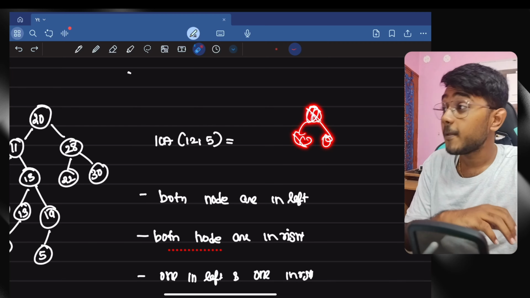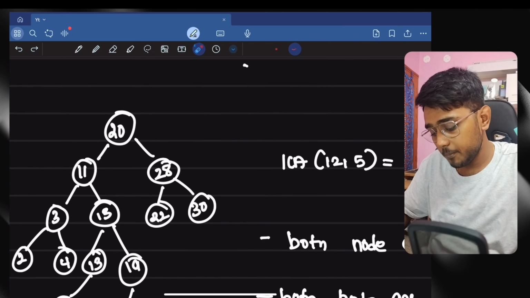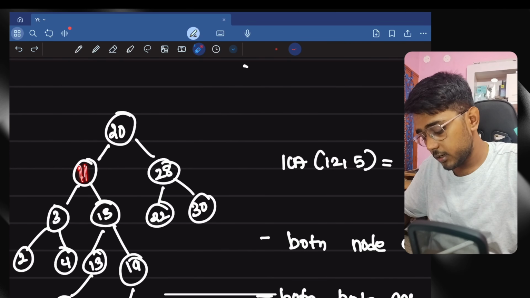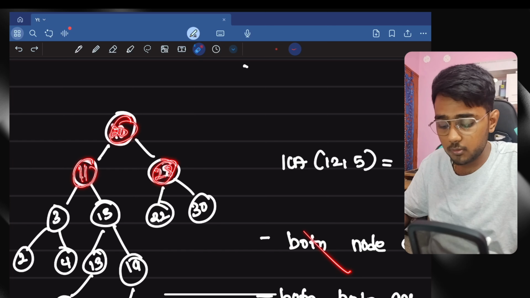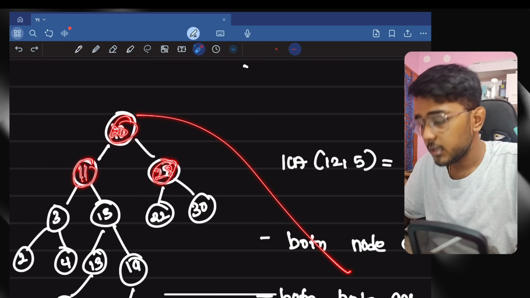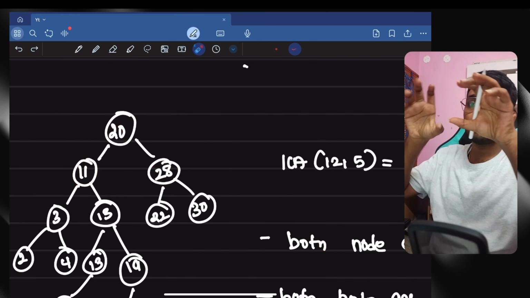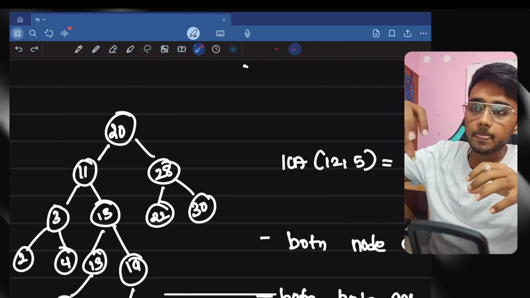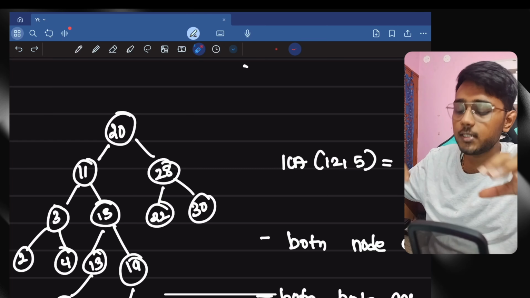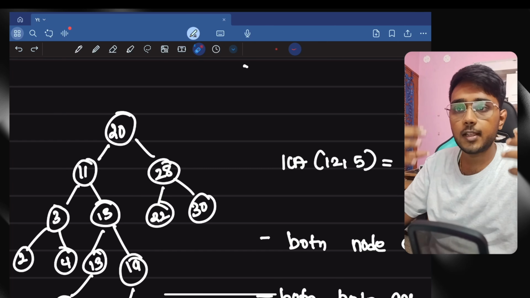This one. Am I right? It's pretty simple. If I want to show an example, what is the LCA for 11 and 28, which is 20, which can be shown for this base case. It's nothing but whenever it gets divided, the dividing parent is the LCA because it is the last point which gets the intersection, right?